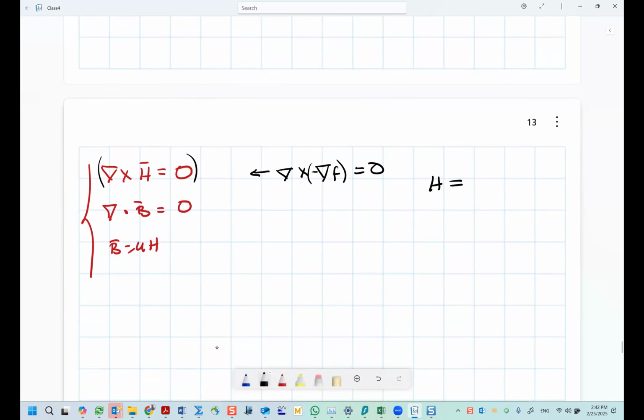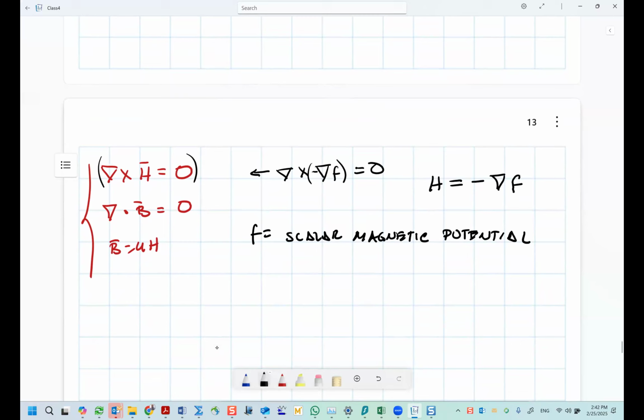H can be coming from a scalar called F, and F is the scalar magnetic potential. It is not commonly used.